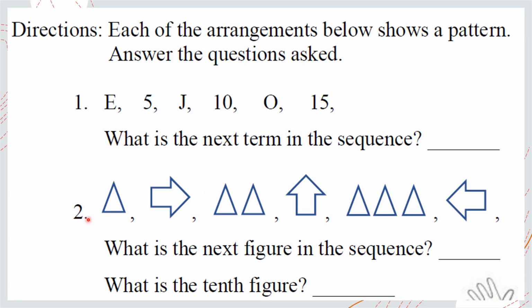And for the second one, we have here an isosceles triangle. The second term is an arrow pointing to the right, followed by two isosceles triangles. And yung arrow natin dito, naka-point na sa taas, susundan ng tatlong isosceles triangles, and kanina yung arrow natin nasa taas, dito na ngayon siya sa may left side.